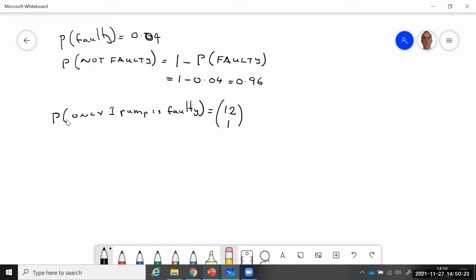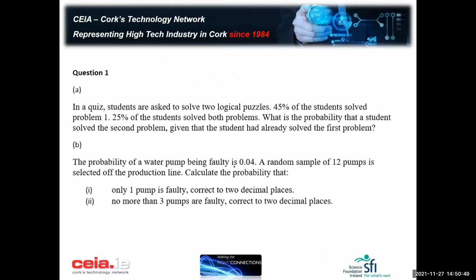So we multiply that by 0.04 to the power of 1, because one of those 12 must be faulty, and all the other 11 must be not faulty. It's a direct application of the formula, and if you work that out, it comes to 0.31. So that's the probability that only one pump is faulty, correct to 2 decimal places.